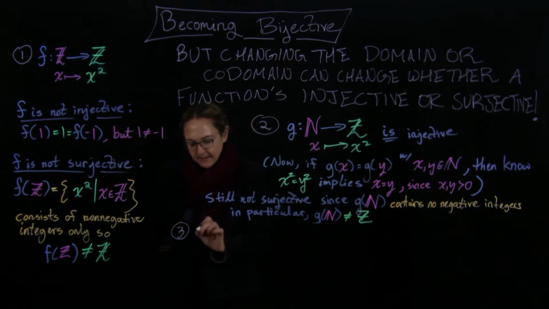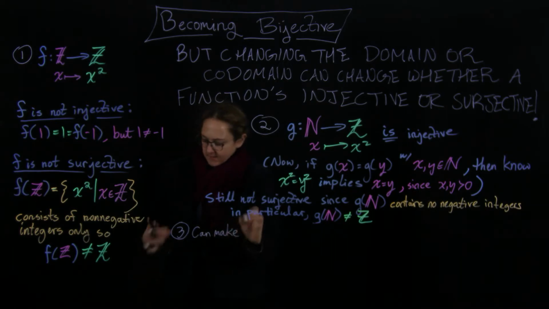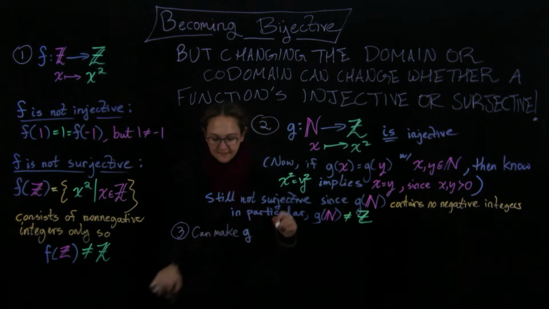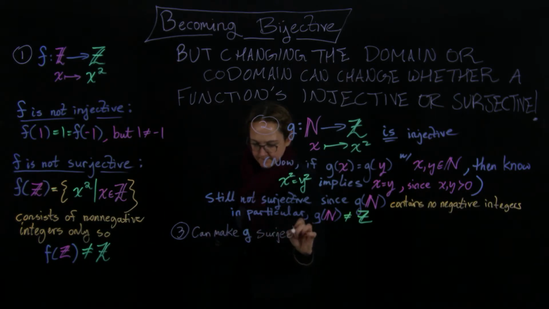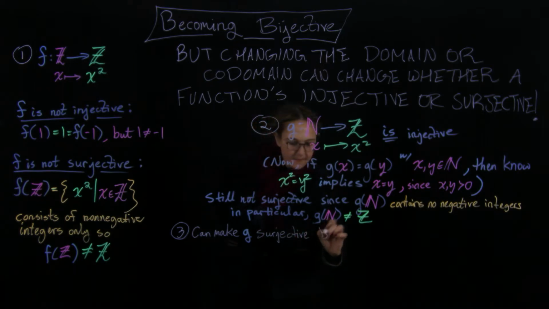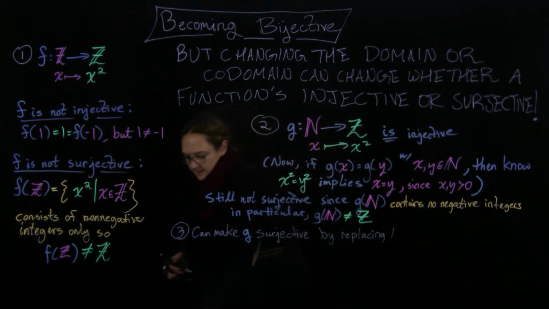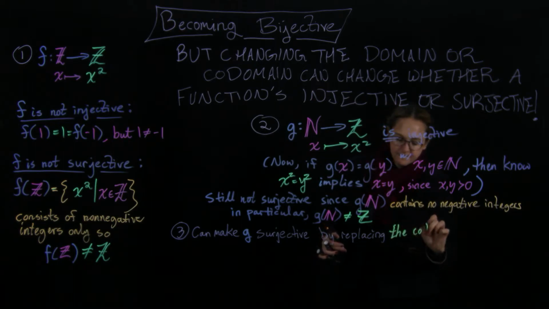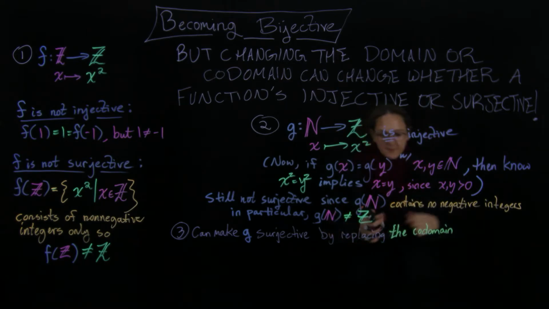So now we can make g surjective by replacing the codomain with the image.